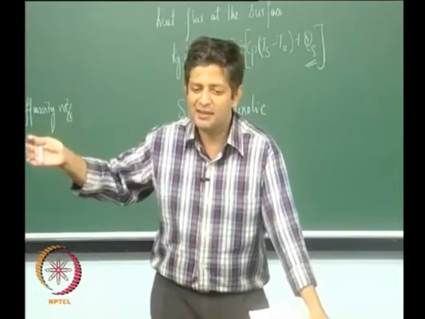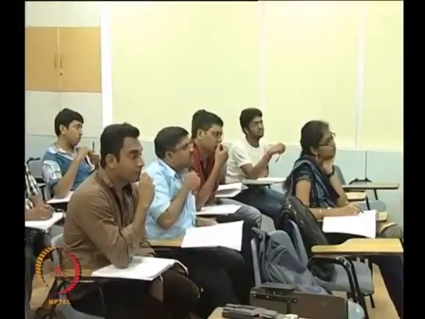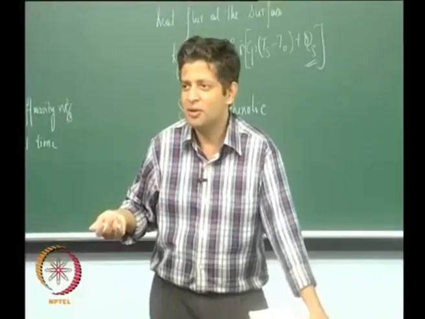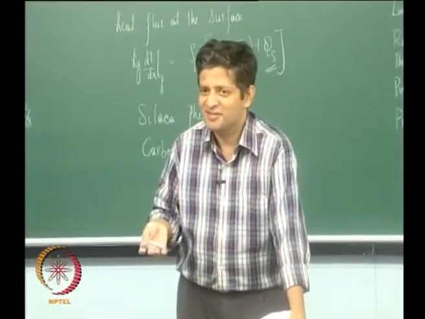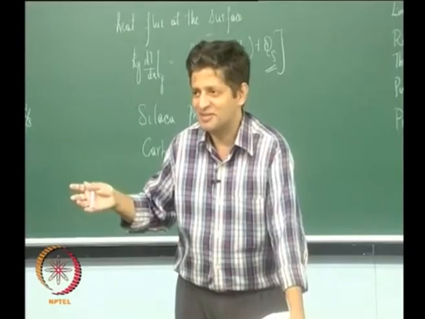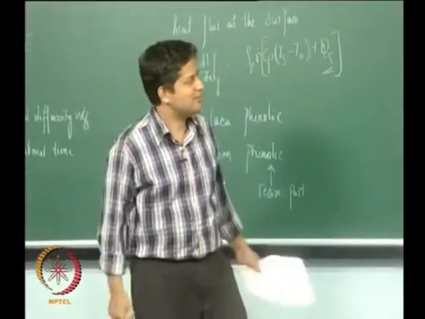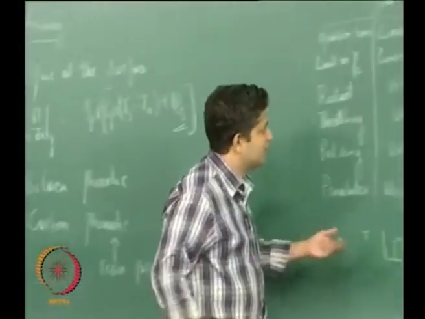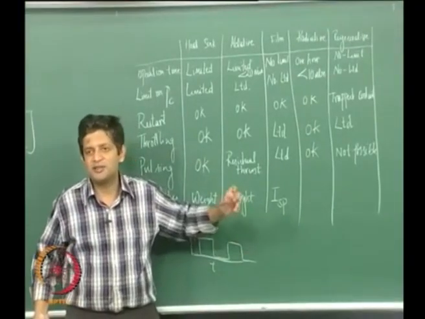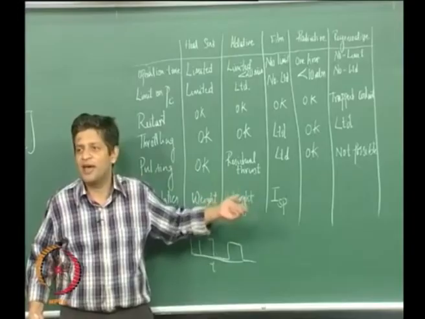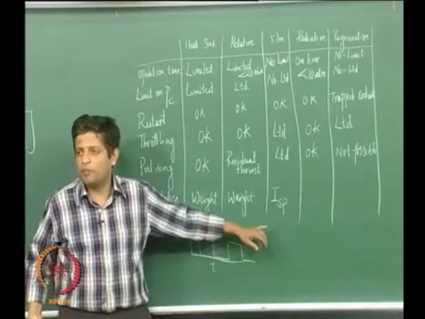If things burn later, beyond the throat portion, they are not going to contribute greatly towards thrust. Although I am not saying this will not burn, it does burn, but it is only a matter of where it burns. It could as well burn in the atmosphere beyond the nozzle. So the delivered ISP, what I am talking about is how much propellant you are carrying and what overall specific impulse you get, that will be lower.